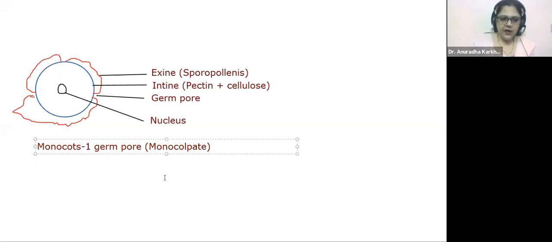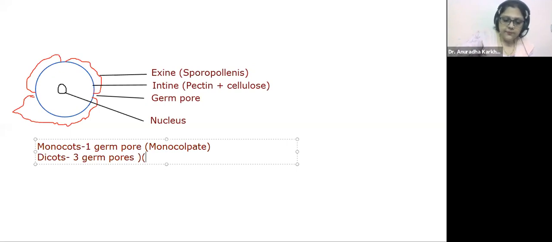On the other hand, dicots would generally have 3 germ pores, and therefore it's going to be called tricolpate. So yes, the gap is compulsory. Yes, Vedant. Without the gap, you will understand the rest of the story later, and then you will understand why it is important. Gap has to be there.